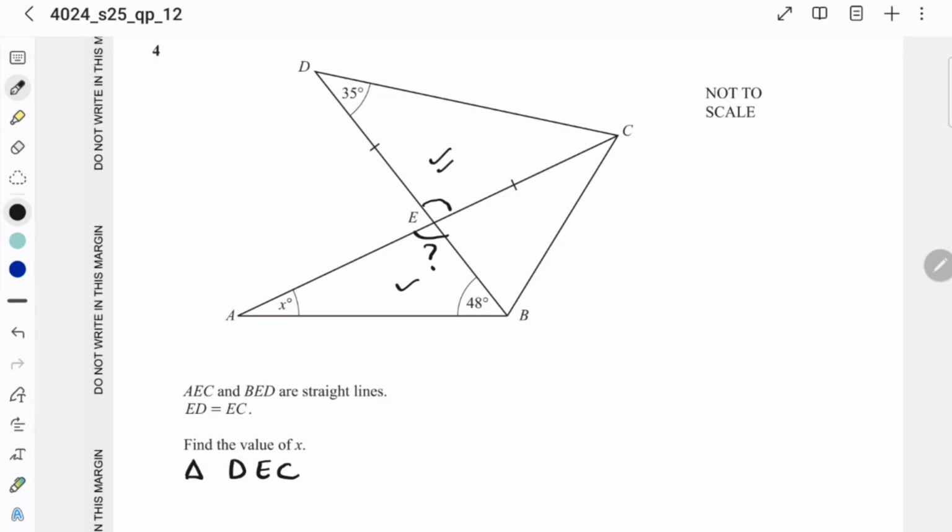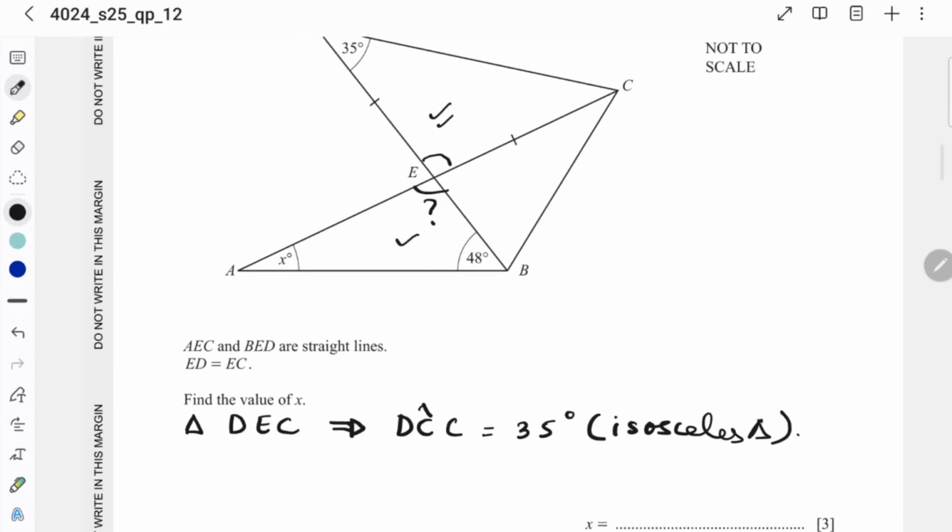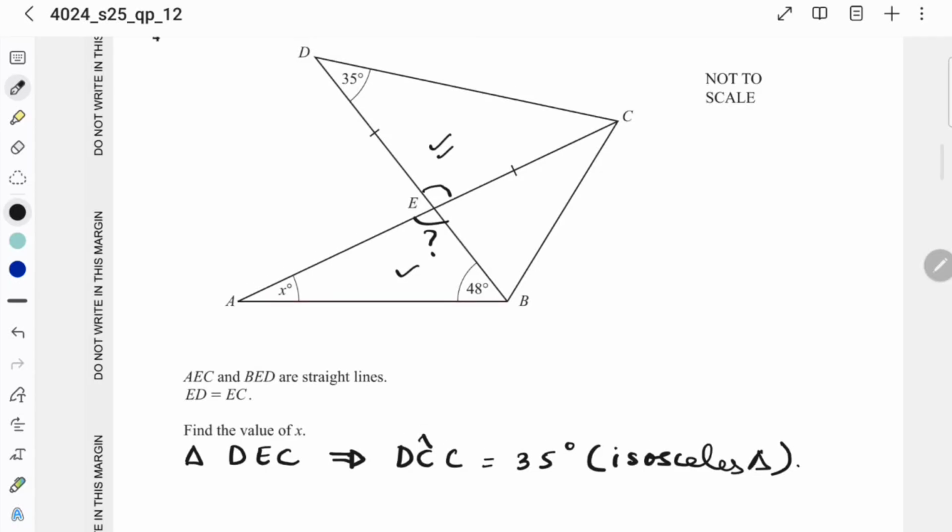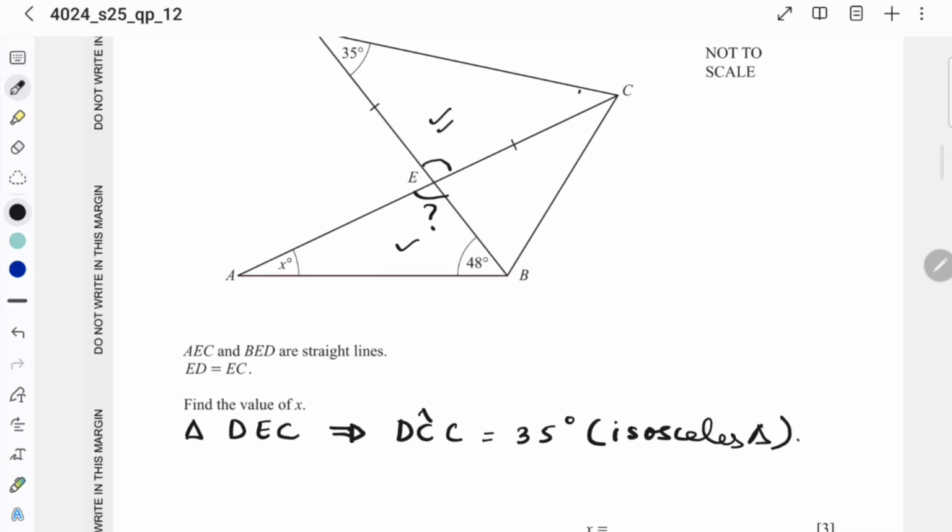Angle DCE is also 35 degrees because base angles of an isosceles triangle are equal. Now we are going to find out the angle E, which will be helpful for us to find out the value of x. So DEC we are going to find out.